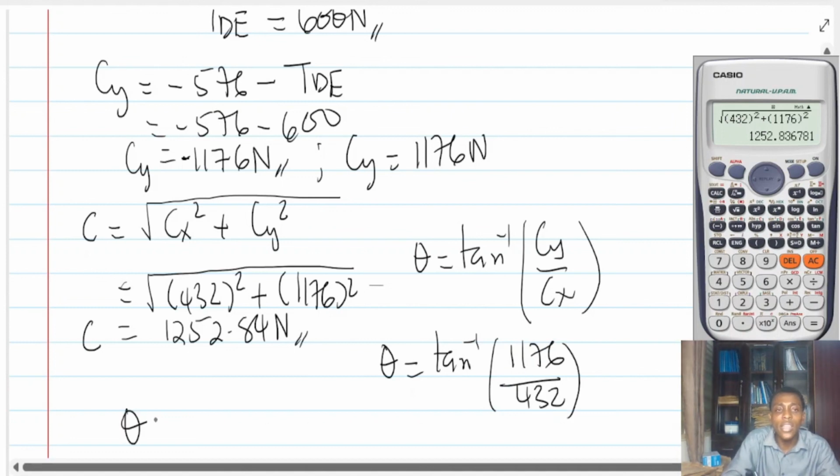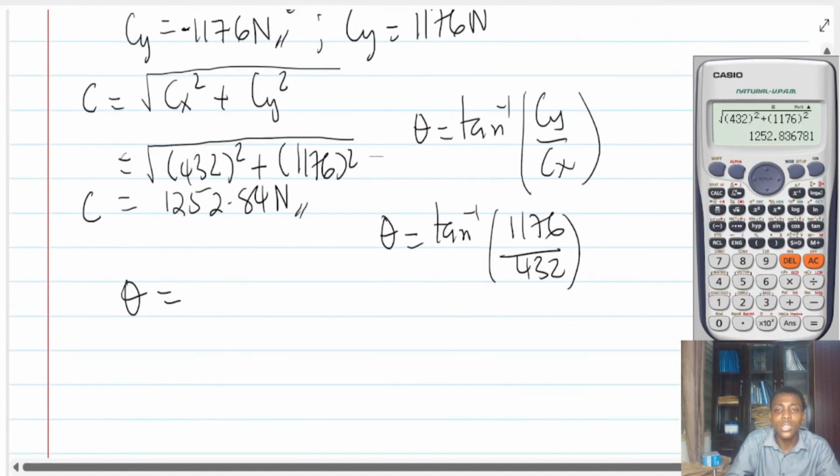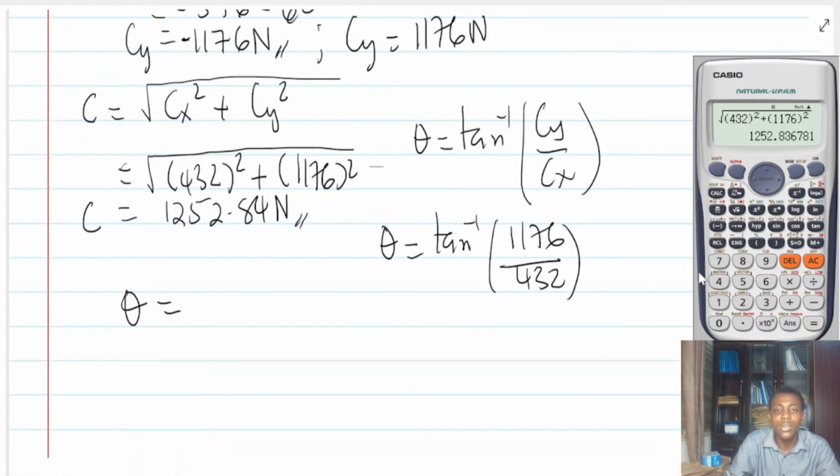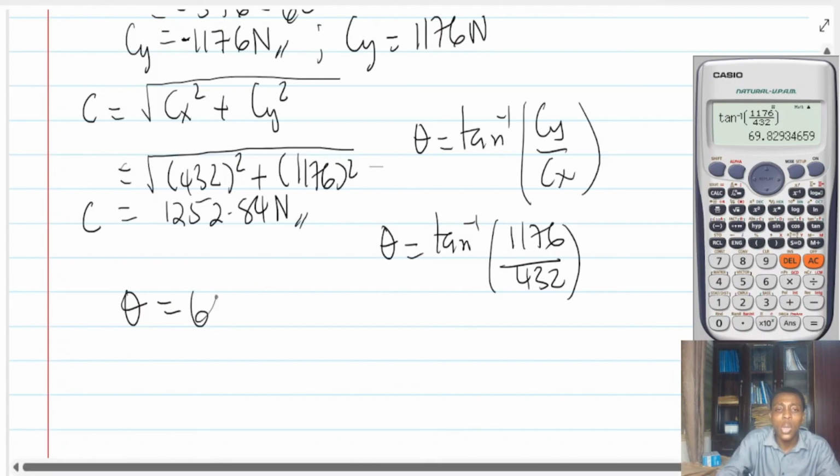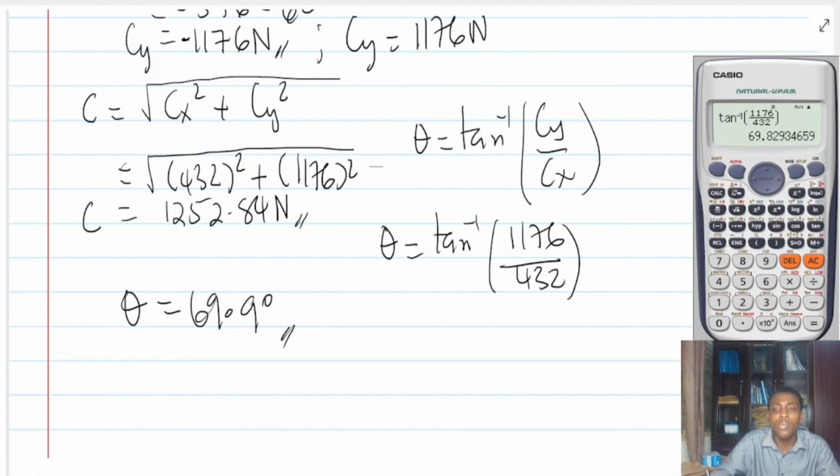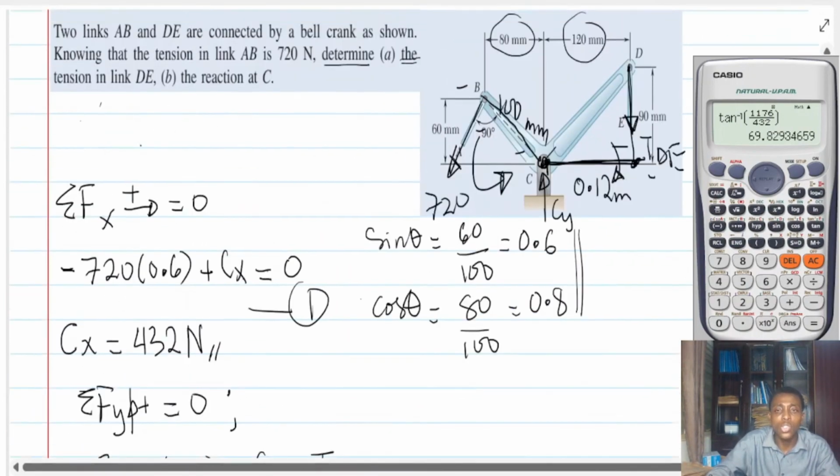And the theta over here is going to be tan inverse of 1176 divided by 432. And that's going to give us 69.9 degrees. All right. So this problem has been solved.